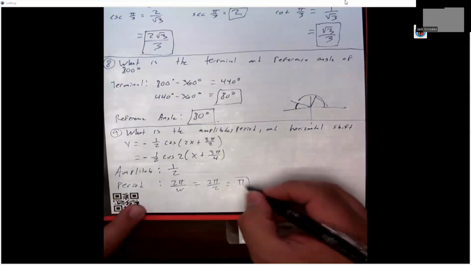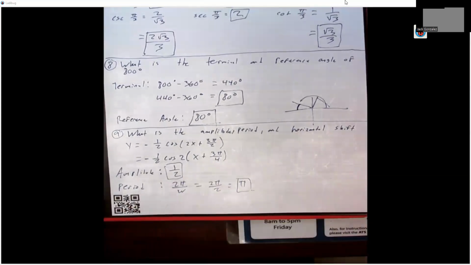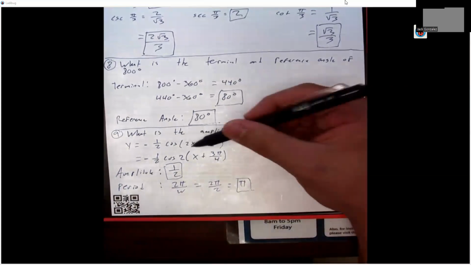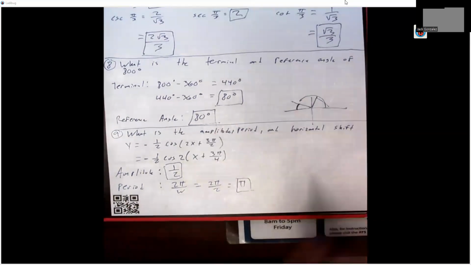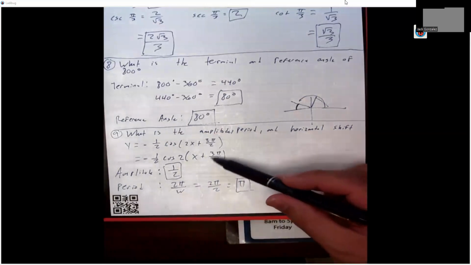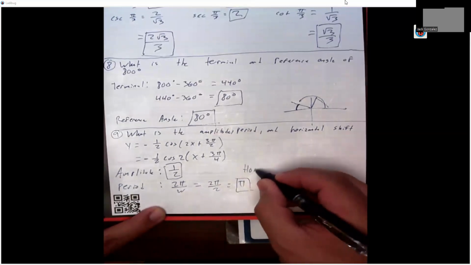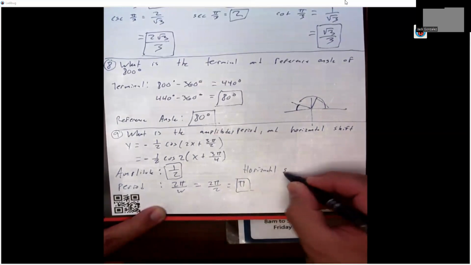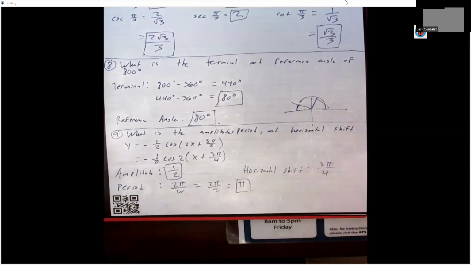So this is the omega, right? The 2. That's what you factor first, so you can see what's going to go on the bottom. All right, horizontal shift is going to be this number. Three pi over 4.